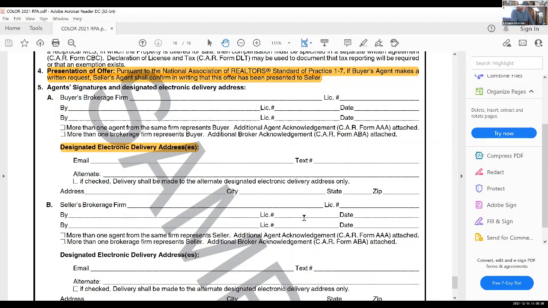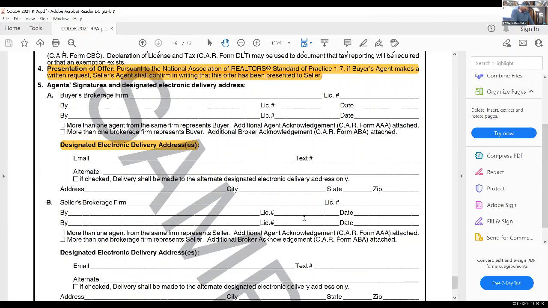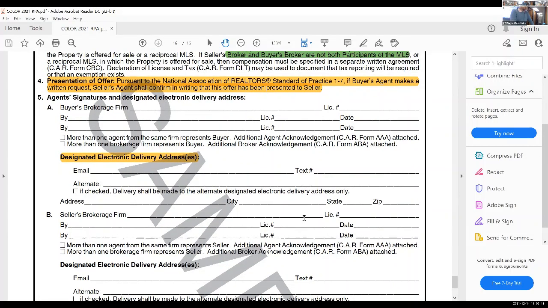You never know, but just to be sure, it'd be good to request that they do. If the offer is rejected, sign that rejection form. Now, guys, let's be reasonable with this too. Like if you're offer one of 32, your chances of getting that written back are probably not great, right? But if you're one of 2 or one of 3, or if you know you're the only offer on the table and the seller's so not going for it, then I'd say, hey, please verify that it's been presented by having them initial the box.